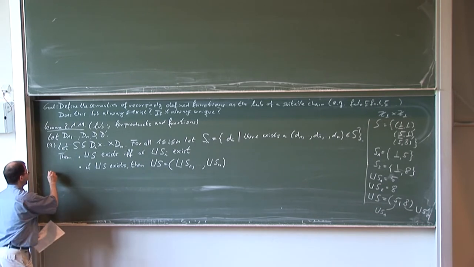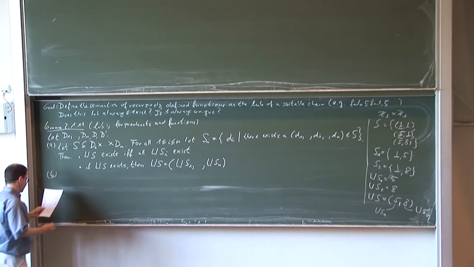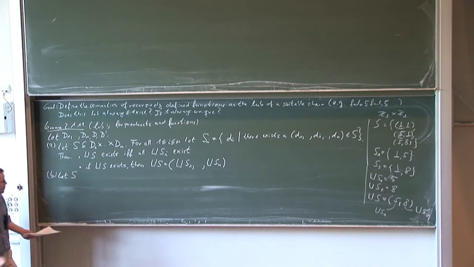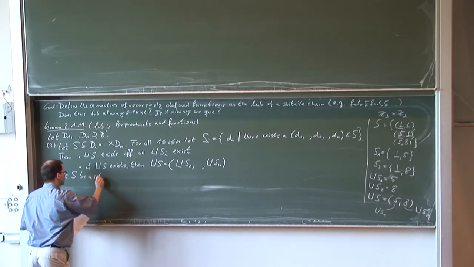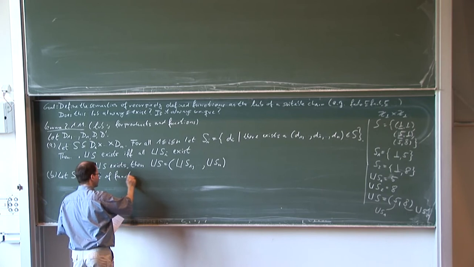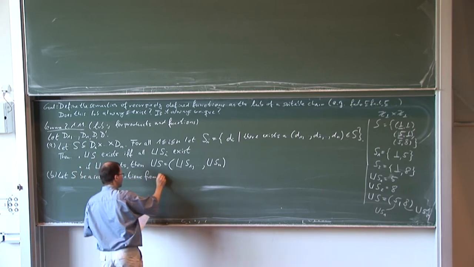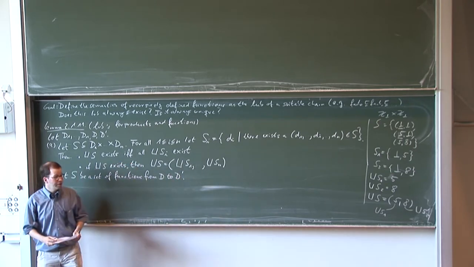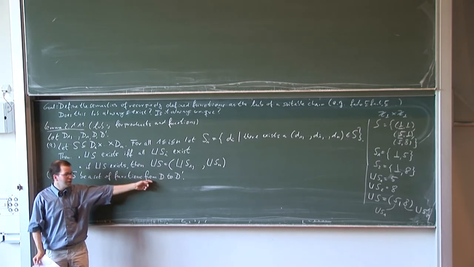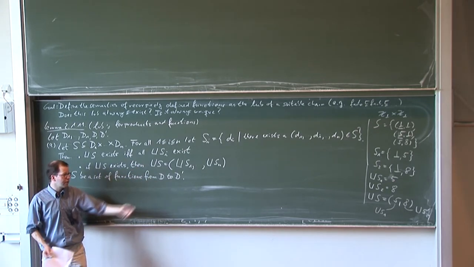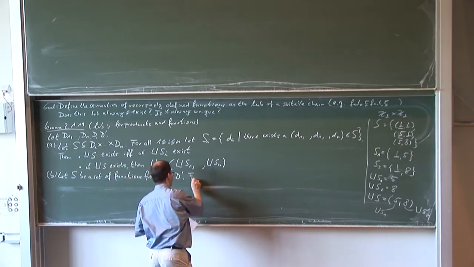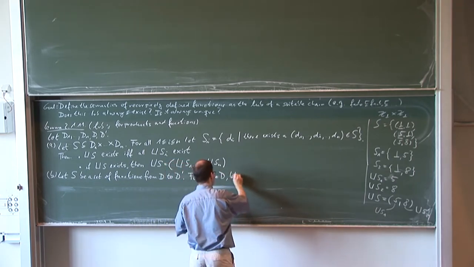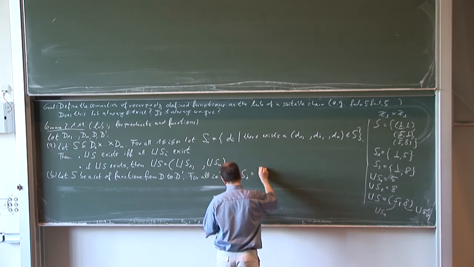And something similar is true for functions. So for functions, now if S is a set of functions from D to D prime, and now again, we build something like projections, but now projections means we build sets for every argument. So for all arguments I, let Si be the set.